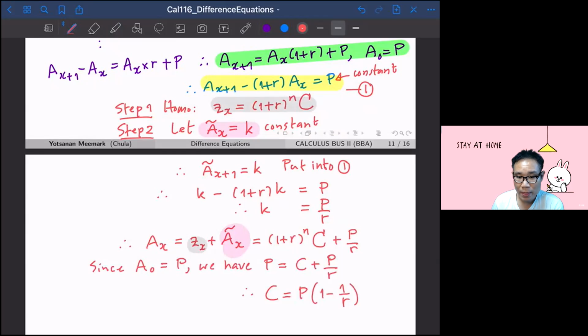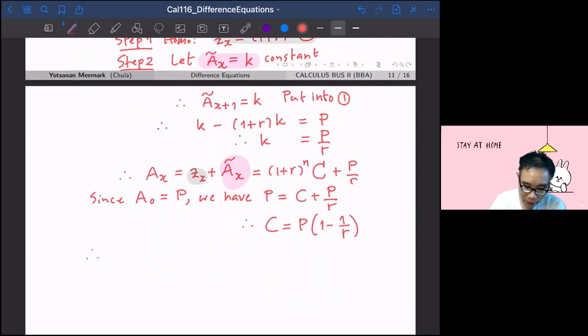So the formula that you will have turn out to be, let me put them together: a_x equal to (1 plus r) to the n times c, which is your principal, (1 minus 1 over r), plus p over r.